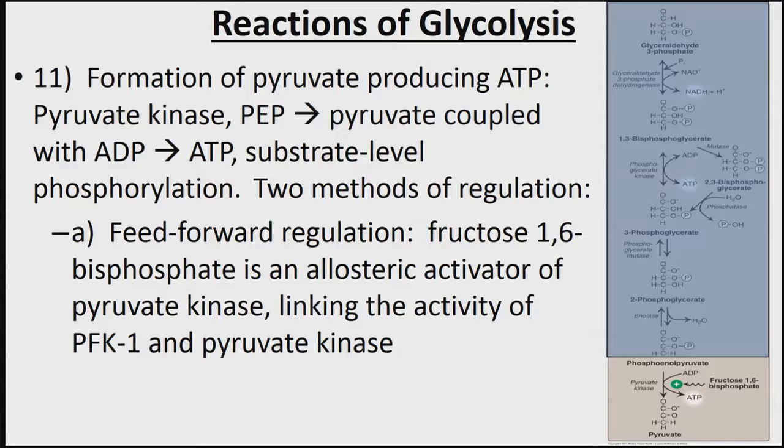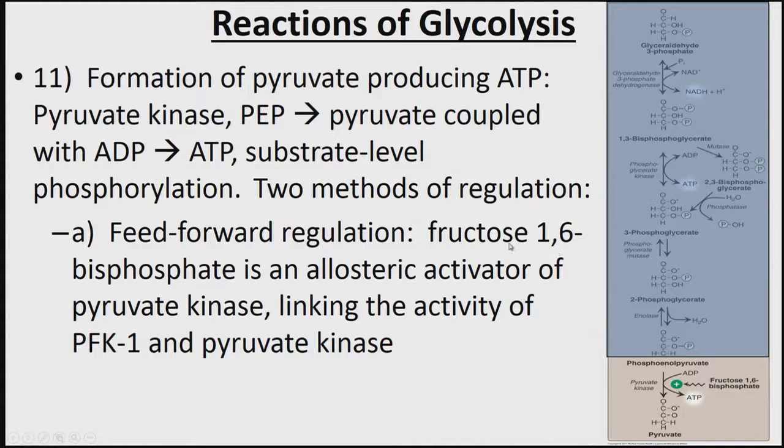So if you're building up fructose 1,6-bisphosphate, the next key regulatory step is this pyruvate kinase. That means that pyruvate kinase is not active enough, so fructose 1,6-bisphosphate will feed forward and say, hey, we've got to get going, we're accumulating all these intermediates, and cause glycolysis to increase. So you have feed-forward regulation by fructose 1,6-bisphosphate.